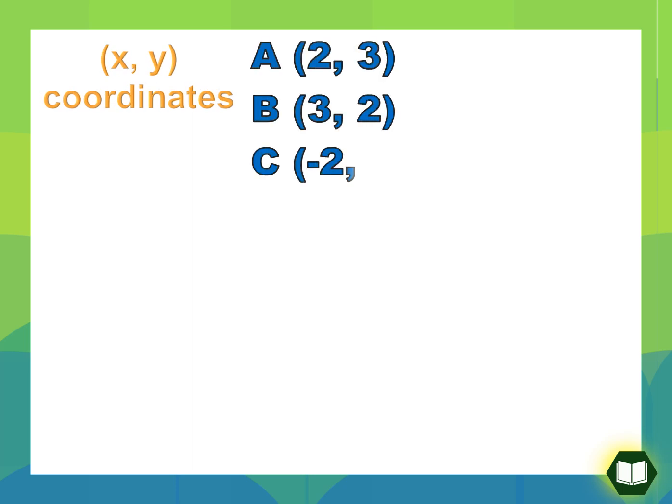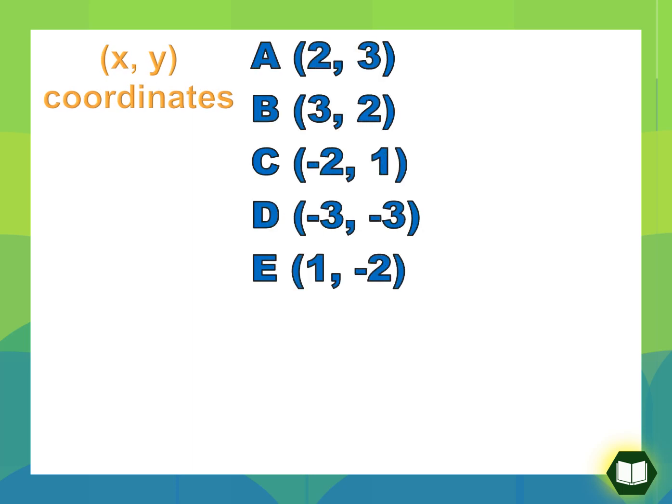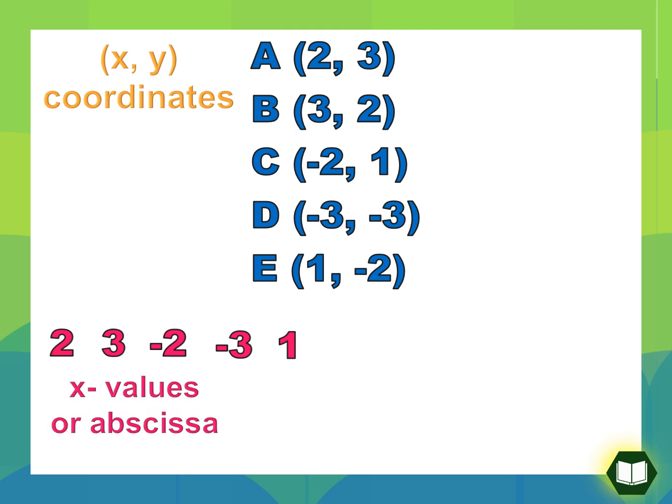These are the coordinates of the points from Activity 1.1. 2, 3, -2, -3, and 1 are the x values or the abscissas, respectively. Then 3, 2, 1, -3, and -2 are the y values or ordinates.